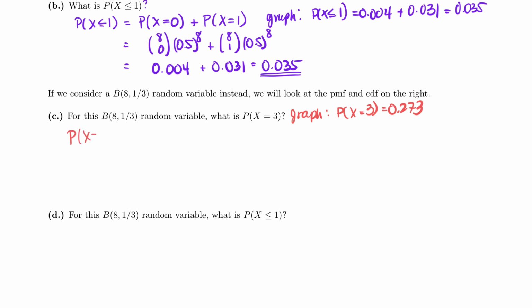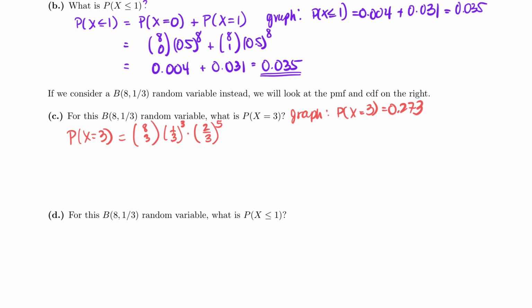So the probability that x equals 3 now is, out of our 8 trials, we choose 3 successes. Our probability of success is 1/3 raised to the number of successes, which is 3, times our probability of failure, which would be the remaining 2/3, to the number of remaining trials that it wasn't a success on. So a failure, which would be 8 minus 3, which is 5.